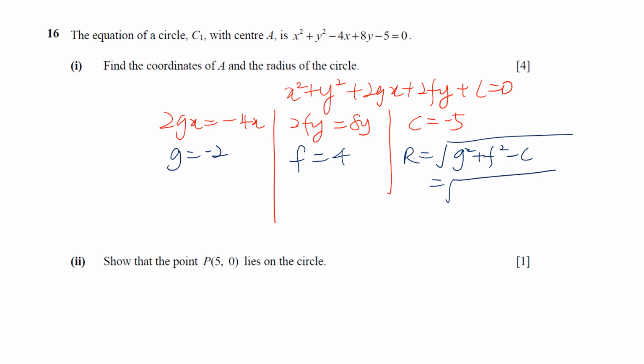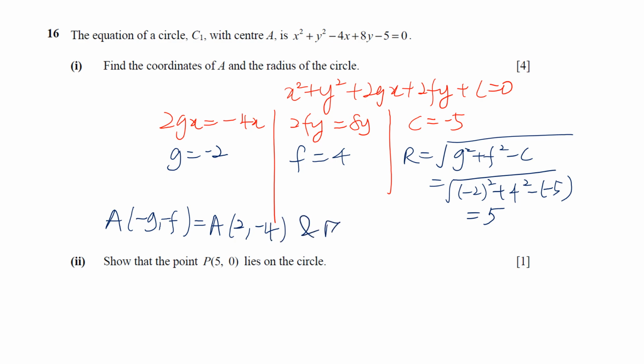That gives you the square root of bracket negative 2 squared plus 4 squared minus bracket negative 5, and that will give you 5. To find the center A, it is negative g comma negative f, that gives you 2 comma negative 4, and radius equals 5 units.